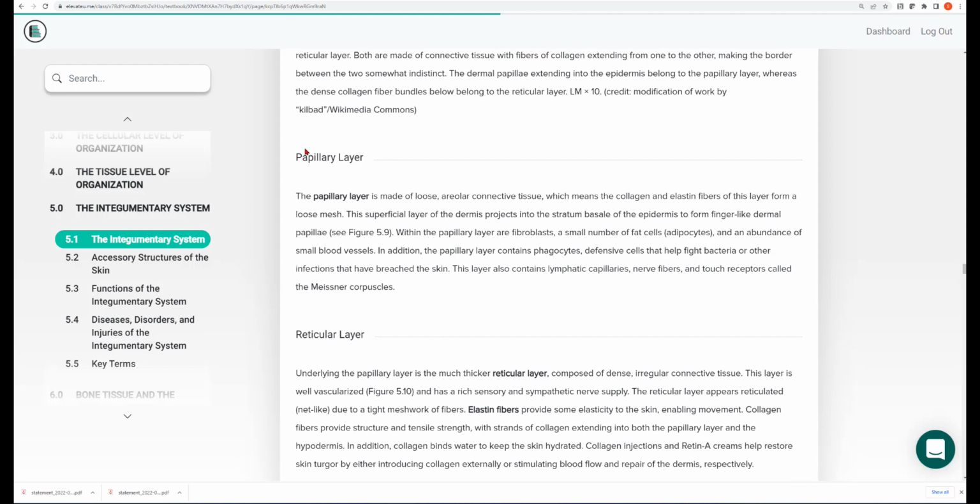There's also here in the papillary layer a few more nerve endings called Meissner corpuscles. Now, I'm not going to get too much into the nerve endings of the skin. When we get to the nervous system and we are talking about how the sensation of touch is generated, I will then come back and we'll dive in just a little bit more about the different types of receptors found in the skin.